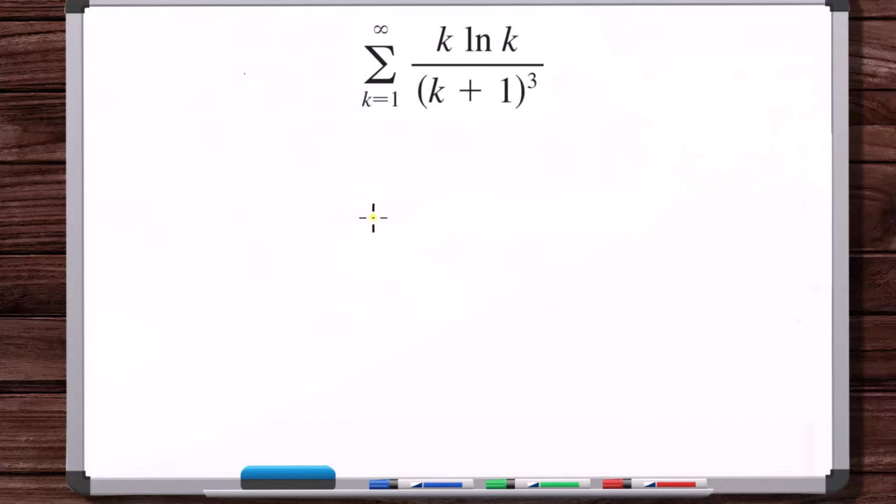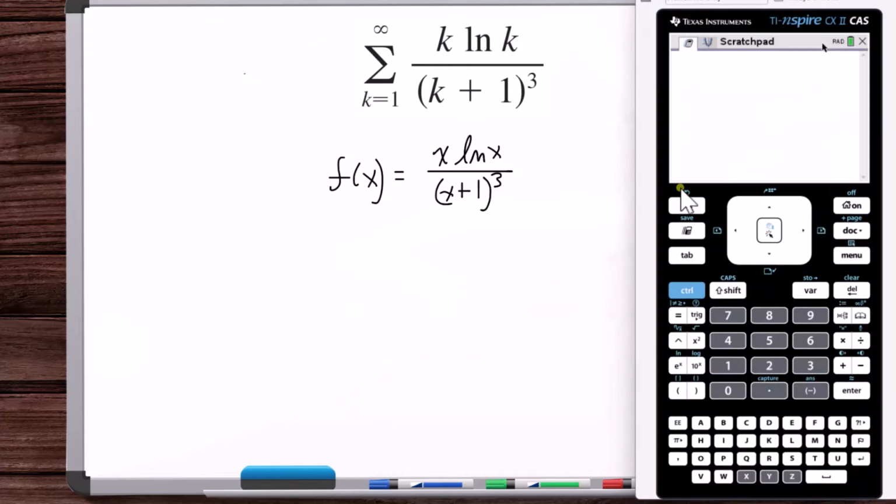If we use the integral test, we replace the k with x, and is there any issue there? That's step 1. We're good. No problem. All right. Now, the next question is, is this decreasing? So, x times natural log of x divided by x plus 1 cubed.